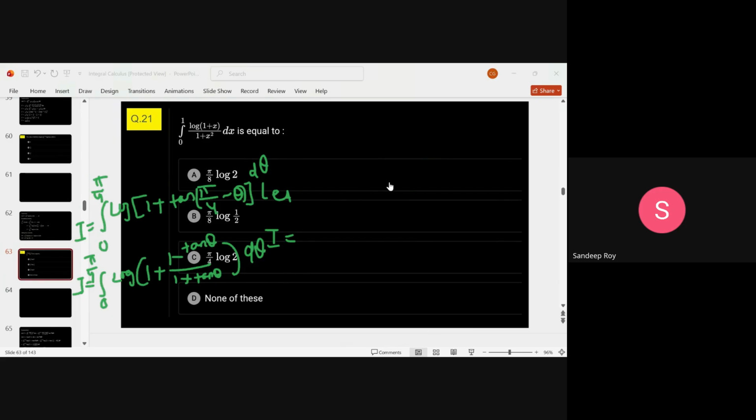Okay. So after that, if you take the LCM, what will we get? I is equal to the integral from 0 to pi by 4 as usual, and this will be your log of, after LCM and all simplification, we'll be getting log of 2 upon 1 plus tan theta, whole d theta.